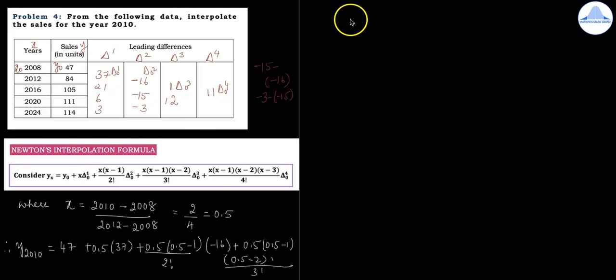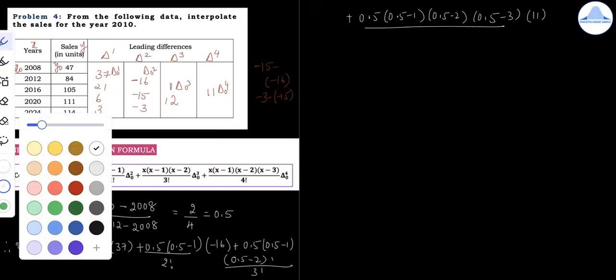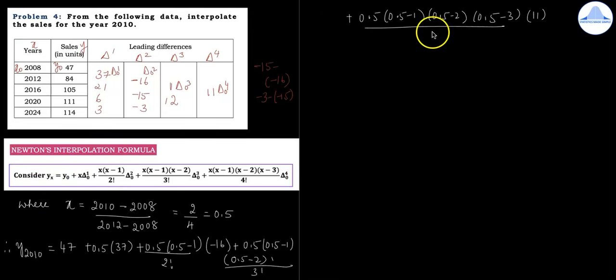I'll continue here. So it will be plus 0.5 into 0.5 minus 1 into 0.5 minus 2 into 0.5 minus 3 into 11 divided by, it will be 4 factorial.